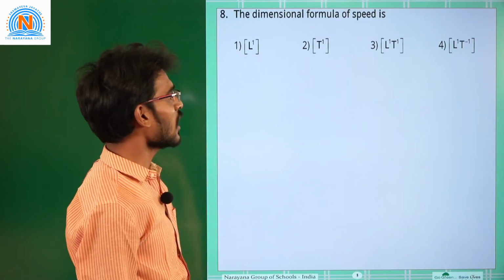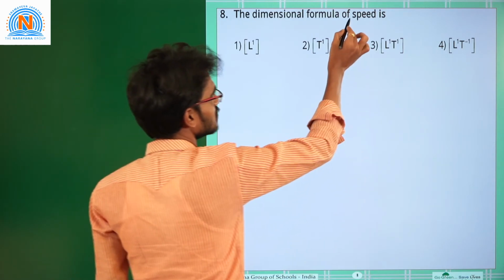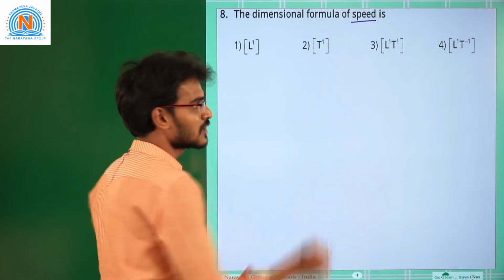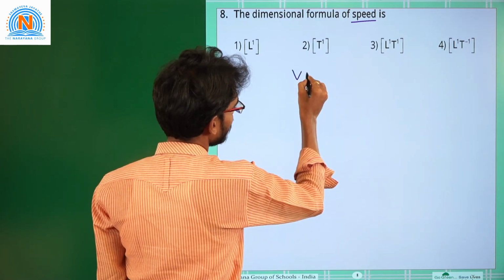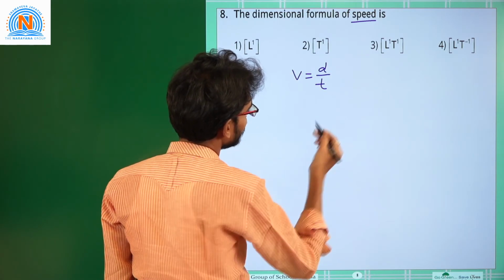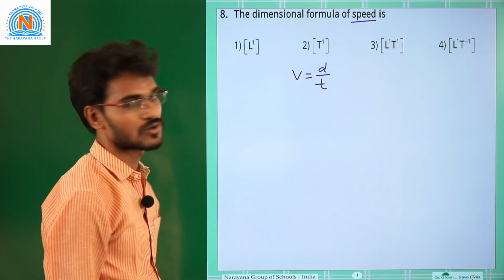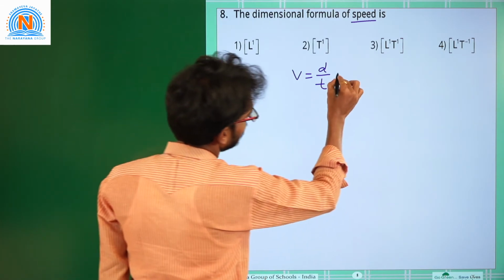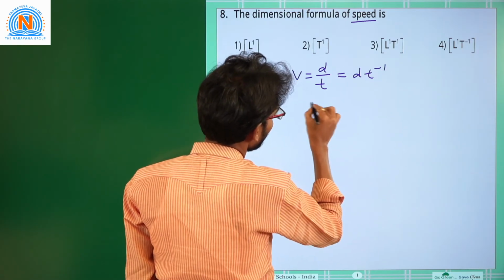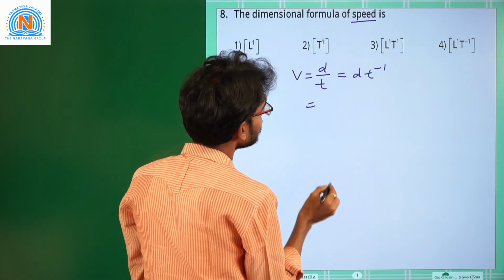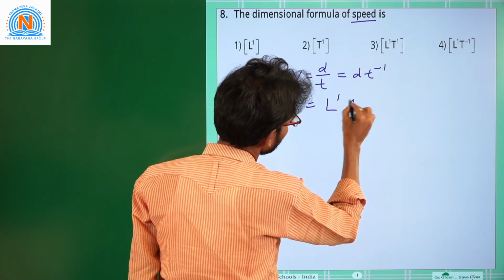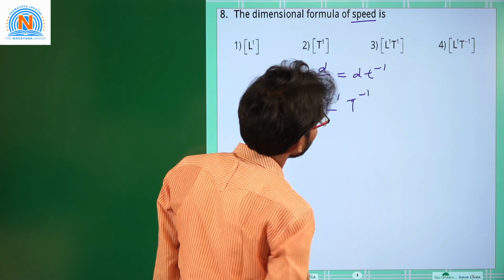The dimensional formula of speed is... Again, speed is not a fundamental physical quantity, it is derived from length and time. So I am directly writing that speed is simply denoted by v, with displacement d and time t. That means velocity is equal to displacement by time. The dimensional symbol for d, that is displacement, is capital L, its power 1, and the time dimensional symbol is T, its power minus 1.